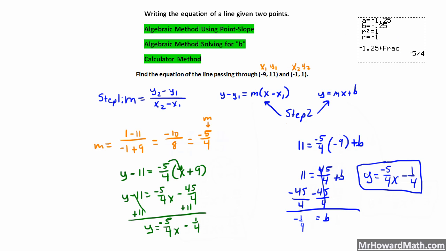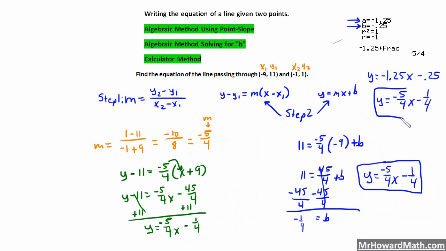Our calculator is giving us our slope right here, and it's giving us our y-intercept right here. So then we can just write it. Y equals negative 1.25x minus 0.25. If we write these as fractions, it's y equals negative 5/4 x minus 1/4. Okay? So we get the same answer regardless of what method we use.